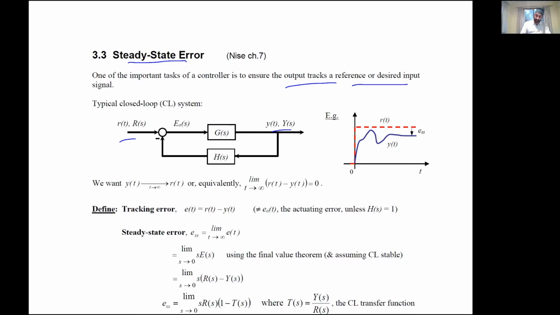So we would like that the output approaches R(t) as t tends towards infinity, or limit t tends towards infinity, r minus y is equal to 0.